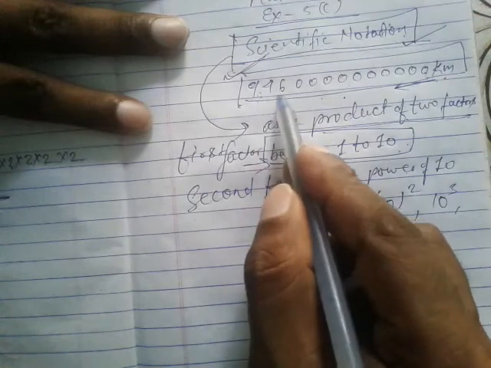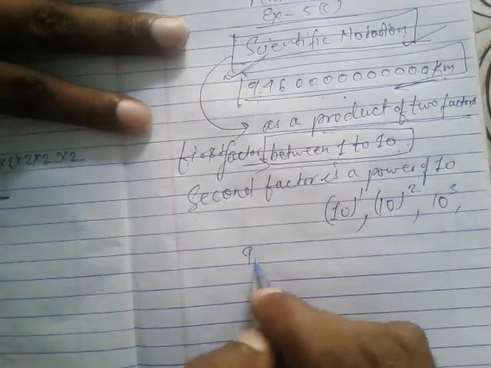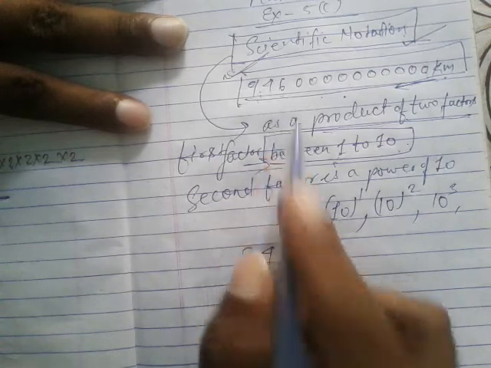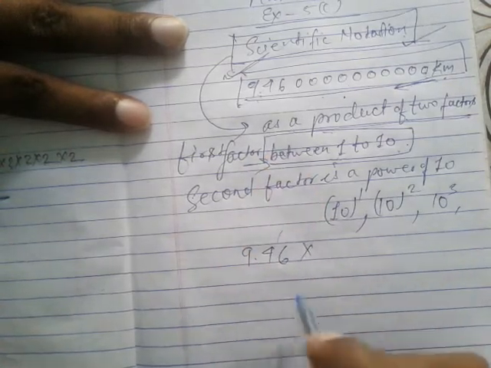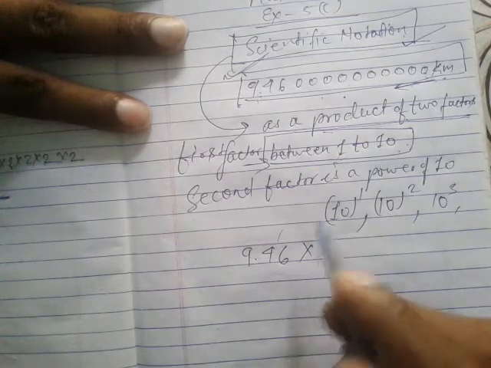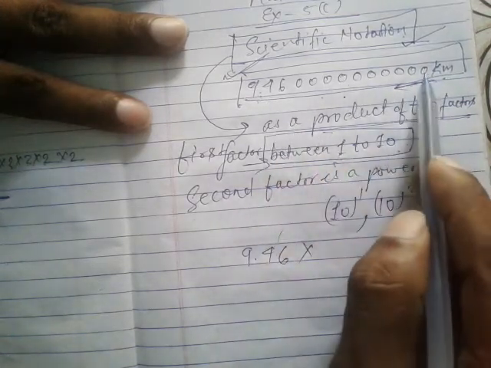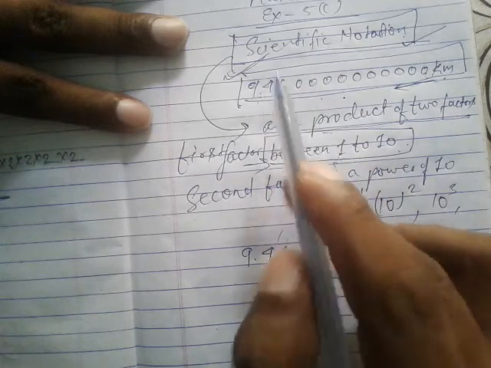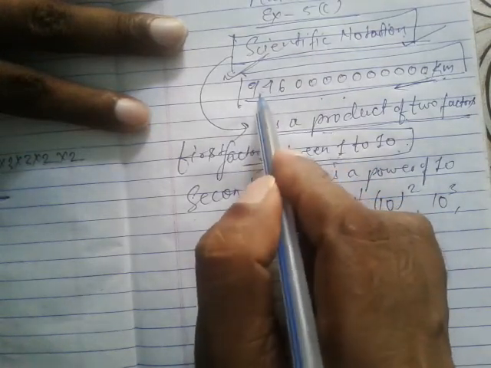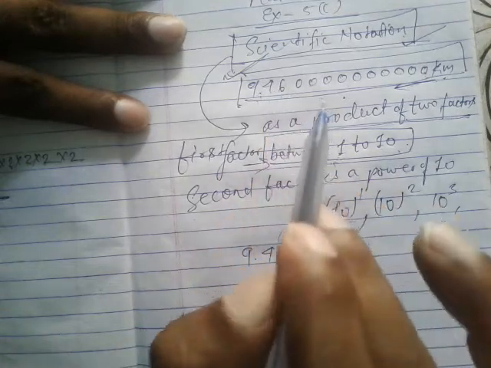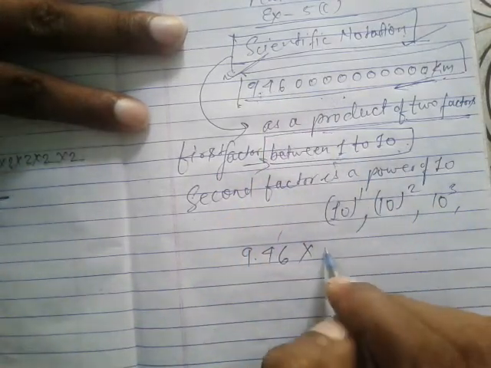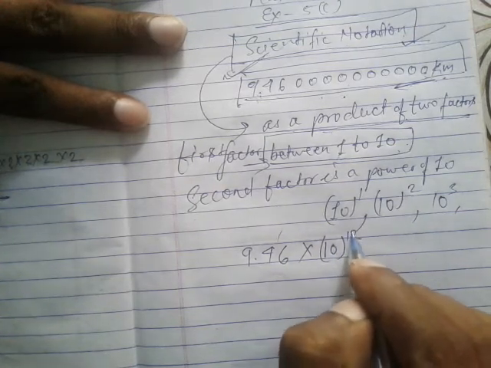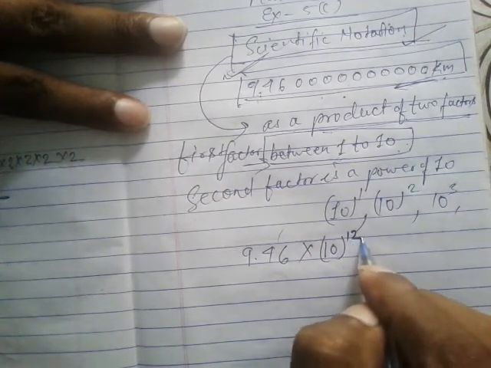If you leave one digit, we will get 9.46. Multiplied with the second factor: how many digits are left? 12. If you leave one digit, you have 12 digits left in this series. So we can write 10 raised to the power 12.